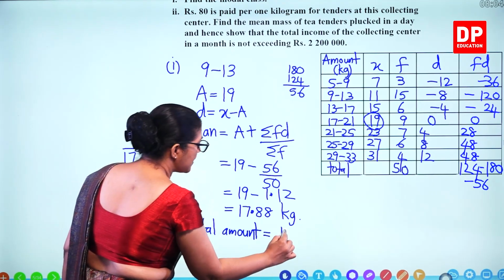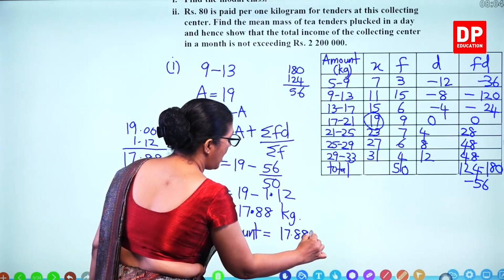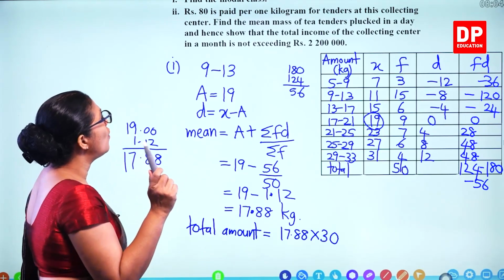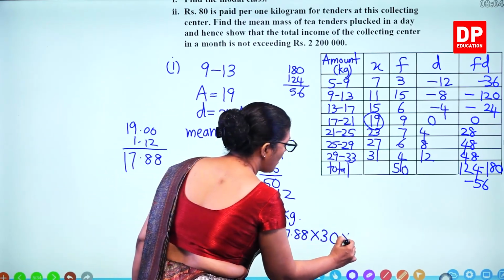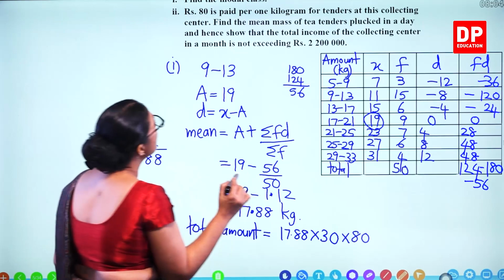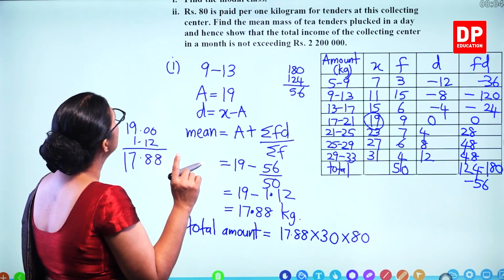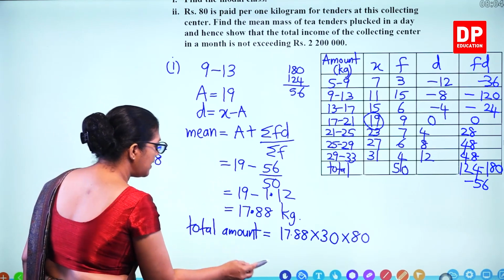This is per day, 17.88. And 30 days, that's a month. And each kilo is 80 rupees. So you have to multiply by 80. So that's the value.